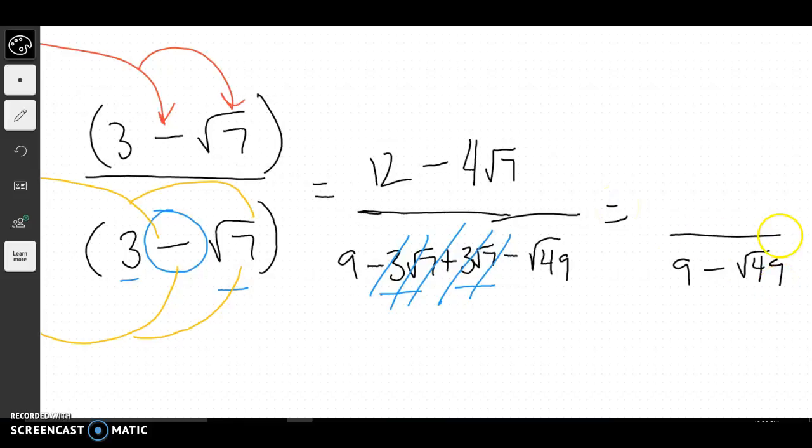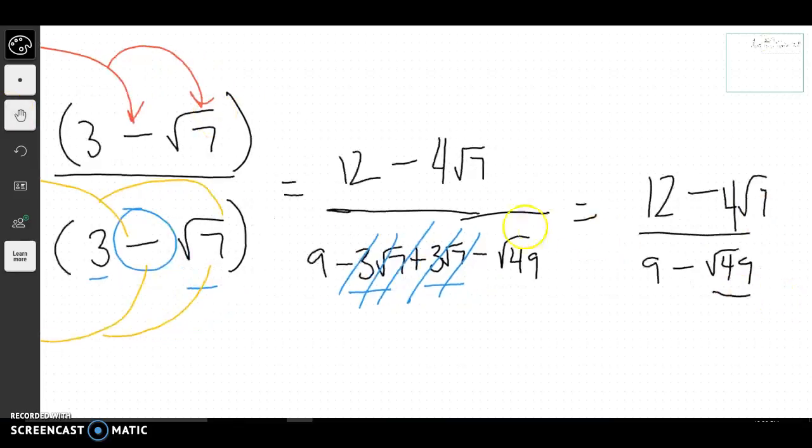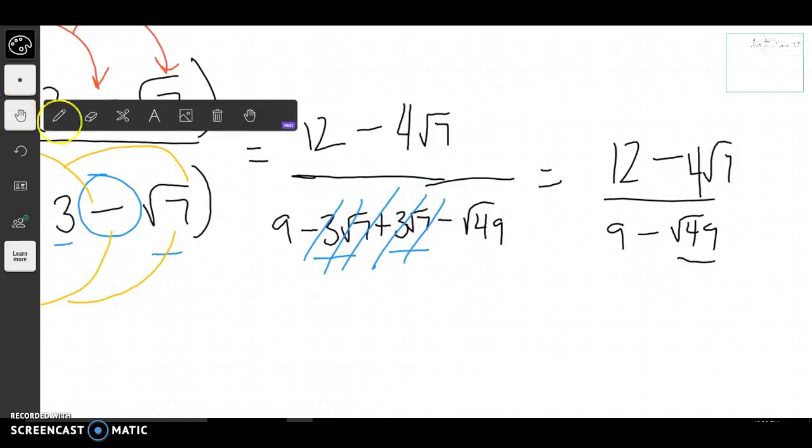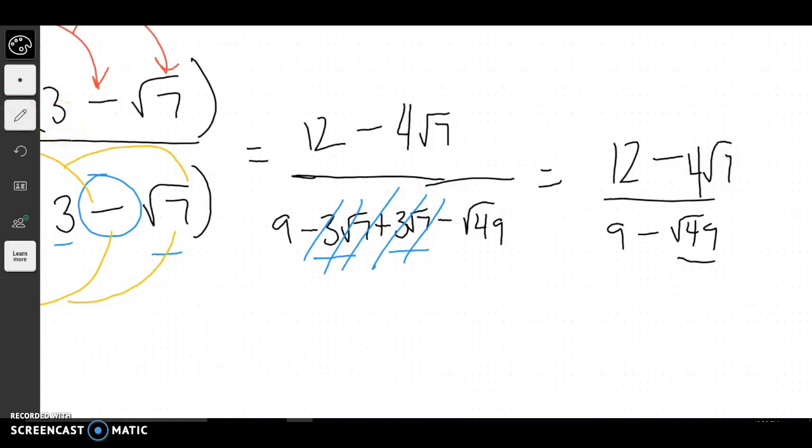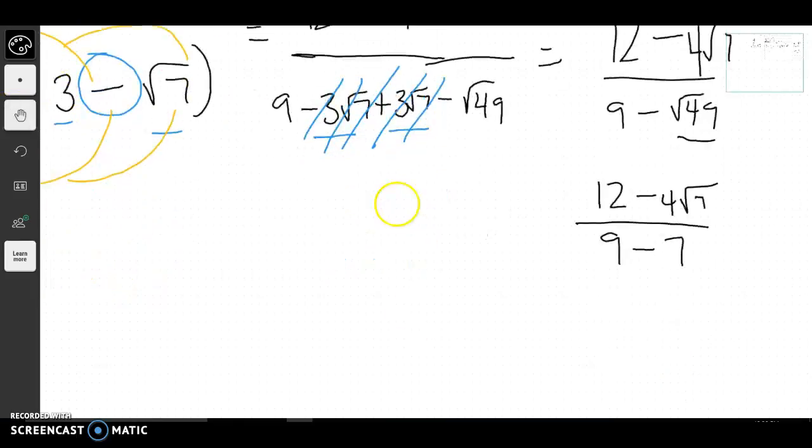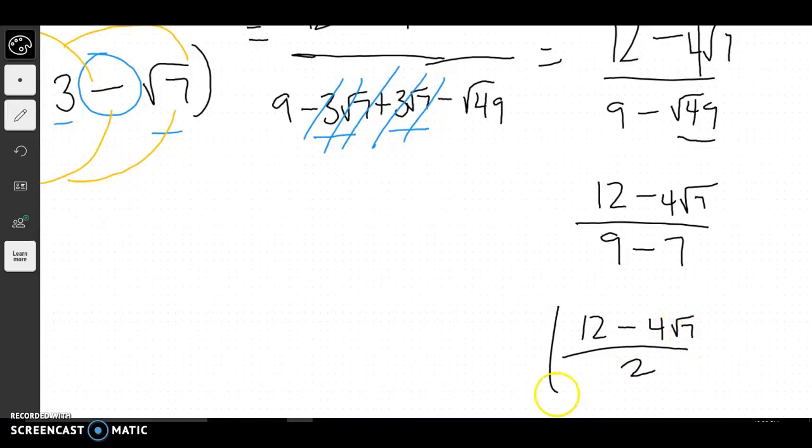And you might still go, hey, Mr. Rose, we still have a square root on the bottom. And I would say, yes, we do have a square root, but this is a nice square root. That square root can be simplified to be 7. So I really have 12 minus 4 radical 7 over 9 minus 7, which would make my final answer 12 minus 4 radical 7 over 2.